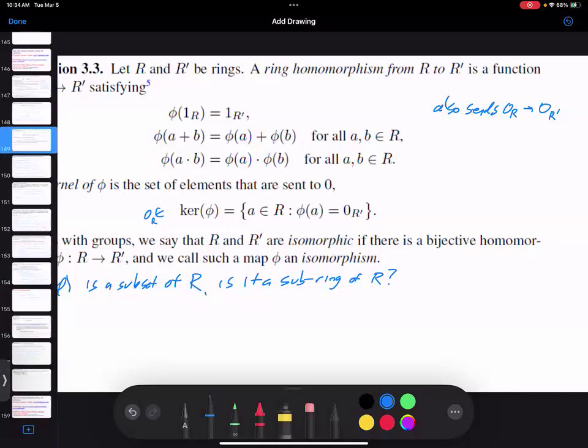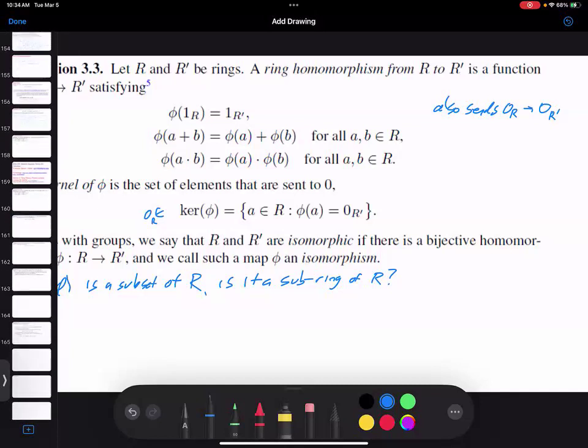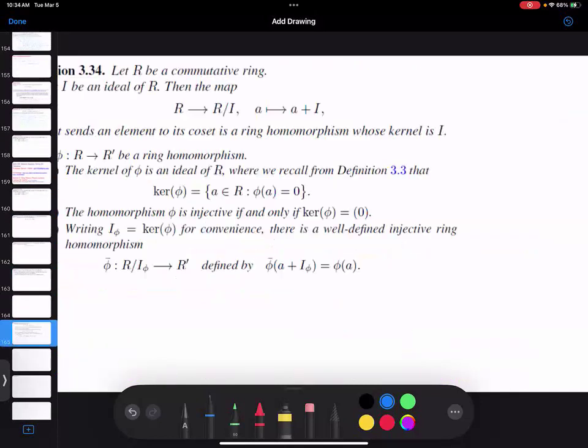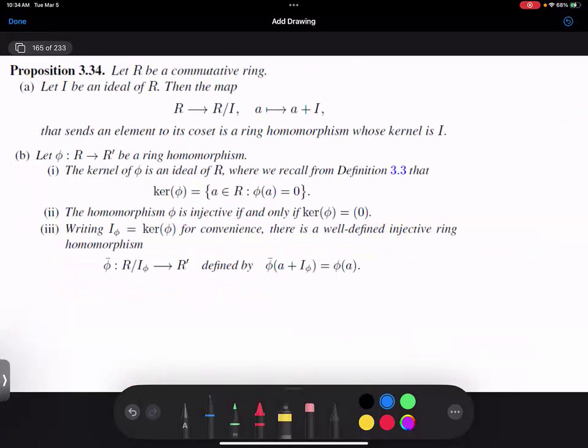All right. So now, in terms of what we're doing, in part B, we have a ring homomorphism. And so the first part, 1, is that the kernel of phi is an ideal. So the set of things that are mapped to 0 is an ideal. The homomorphism is injective if and only if the kernel is 0.